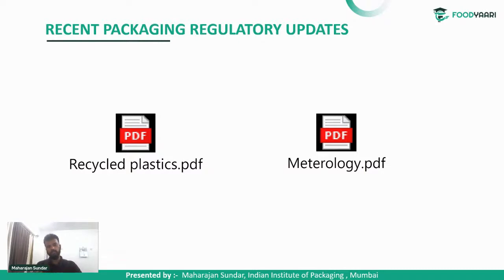The Government of India has passed an amendment very recently, between June and July, and they have permitted the use of recycled polyethylene terephthalate in packaging of food products, that too with certain terms and conditions. They also mentioned that the food contact layer, that is the inside layer of the packaging material, should be made of virgin plastic.